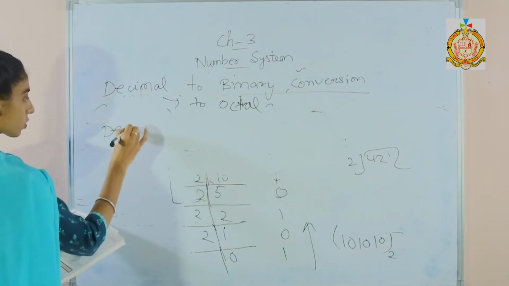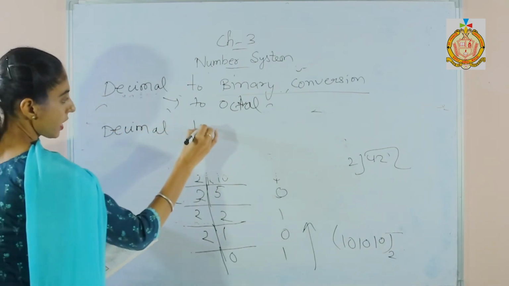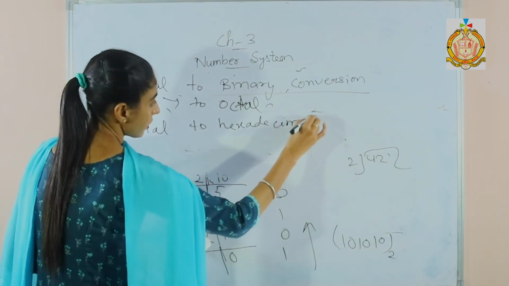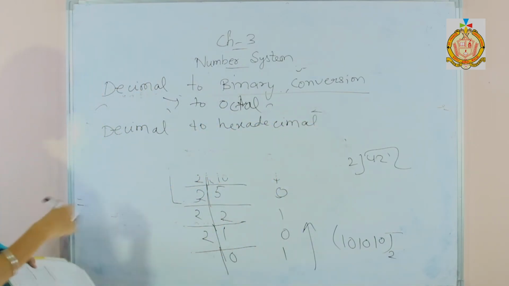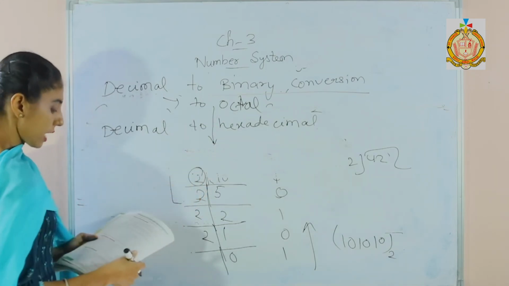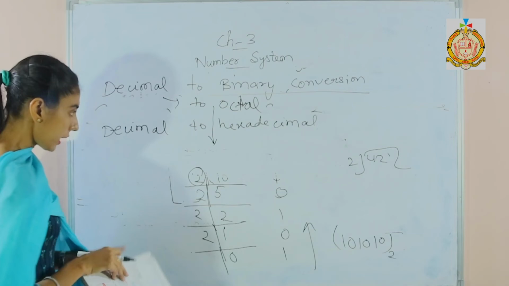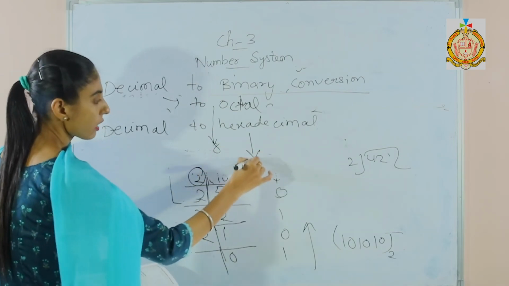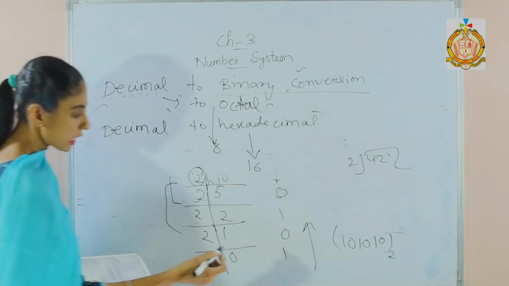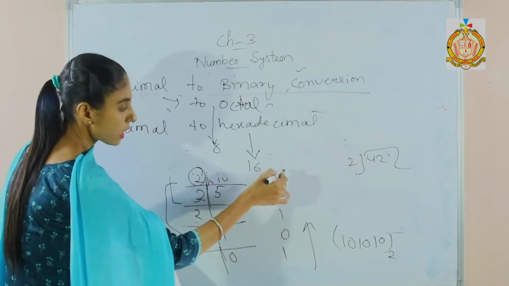Next one, third one is also the same, decimal to hexadecimal. Base is different. In the binary system you have to divide with 2, in the octal system you have to divide with 8, and in the hexadecimal you have to divide with 16. Same method, and you will write the answer from bottom to top. Don't start from top to bottom.